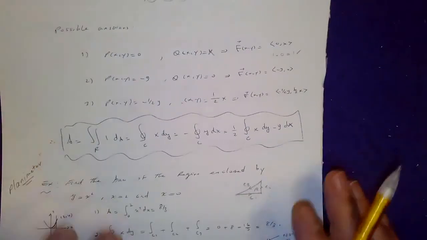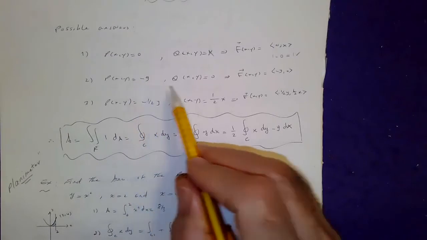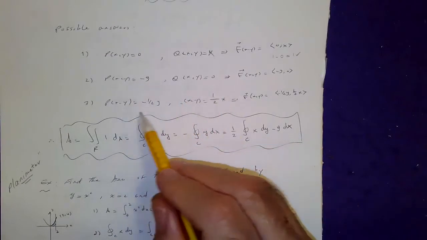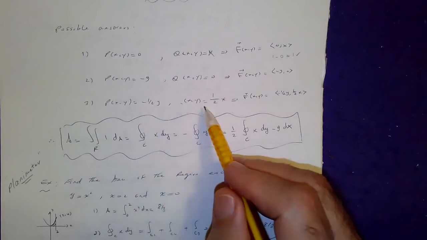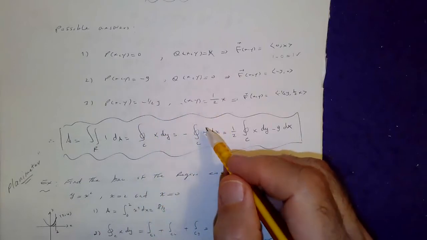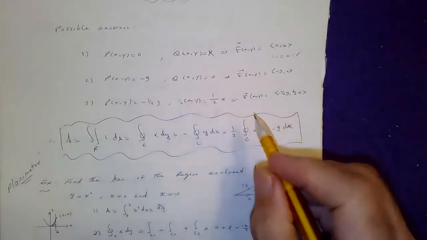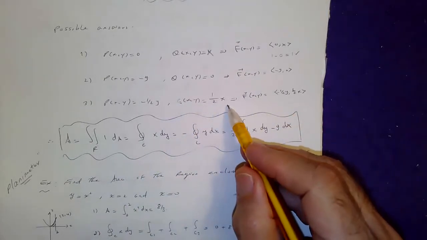The other scenario is if P is negative y and Q is 0. The third scenario is if P is negative 1/2 of y and Q is, let's say, positive 1/2 of x.